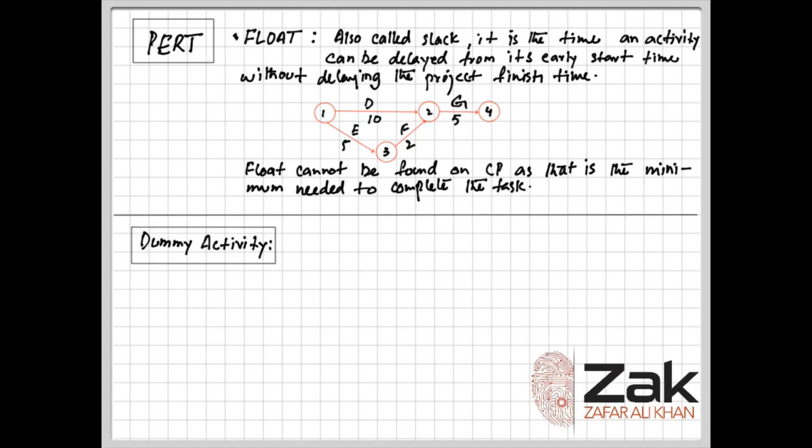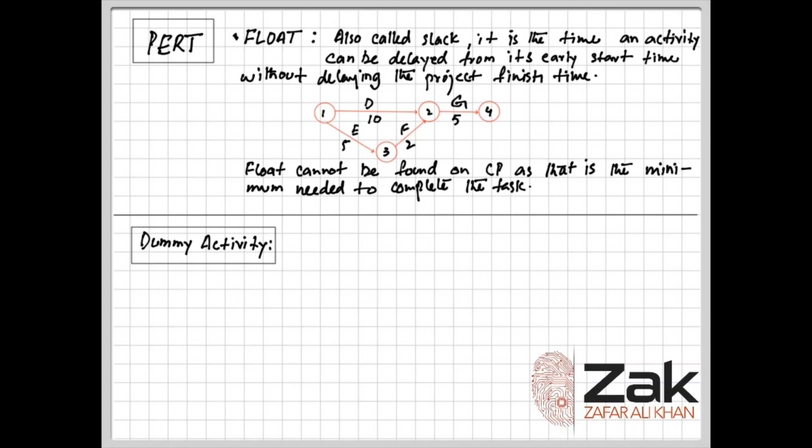Further, next is dummy activity. Sometimes we do have a situation where two of the nodes become the predecessor for another node, but these two nodes which are the predecessor for another node do not get combined.